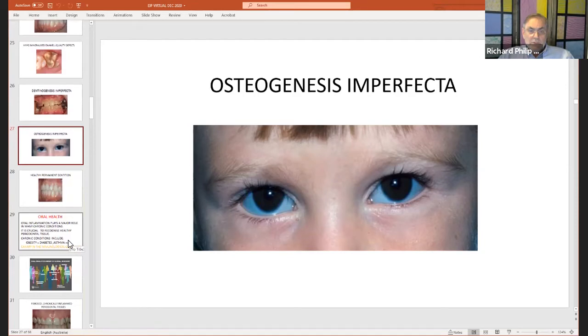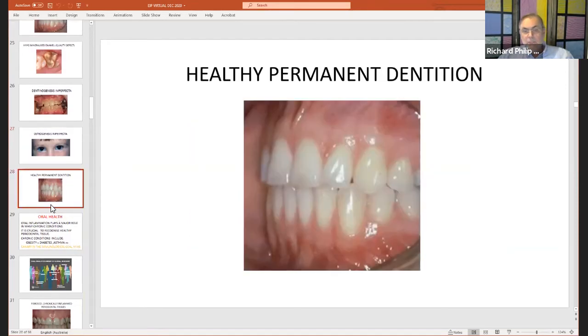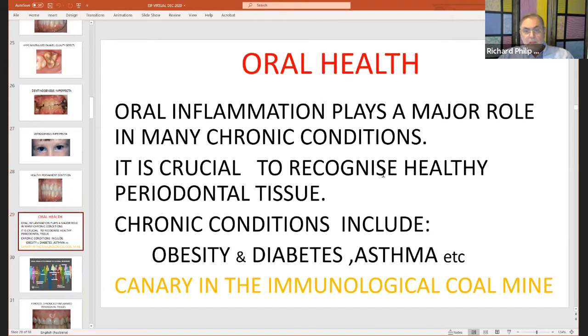I want to go back to this slide again of a nice healthy dentition and stress the importance of the gingiva. Oral inflammation plays a major role in many chronic conditions, but it's ignored. The contribution to the body's inflammatory responses from the mouth is significant, particularly in infants and children, but also in adolescents and older people and adults.